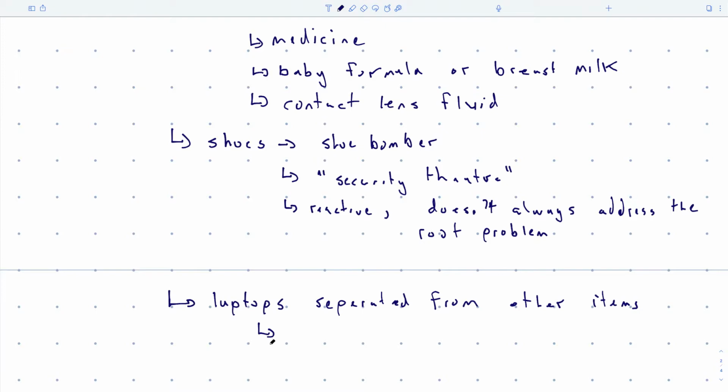The second concern is that a laptop looks like a bomb when you look at it through an X-ray. It has a lot of the same components like wiring and things like that. And so if you had a bomb behind your laptop in a bag, then it might all look like it's part of the laptop and you wouldn't necessarily see that they're separate items.